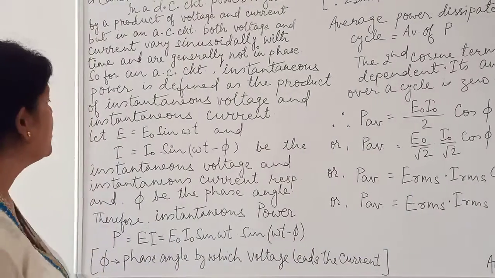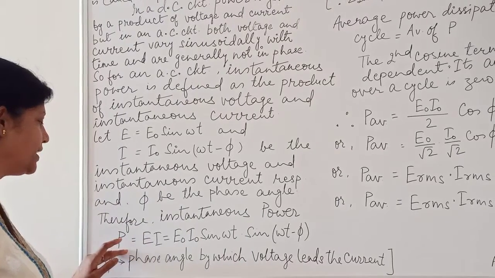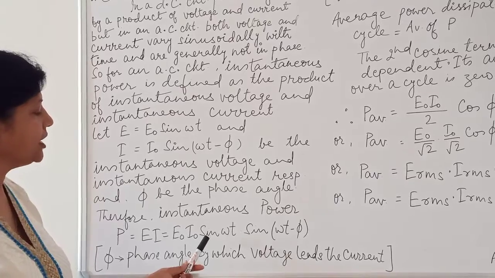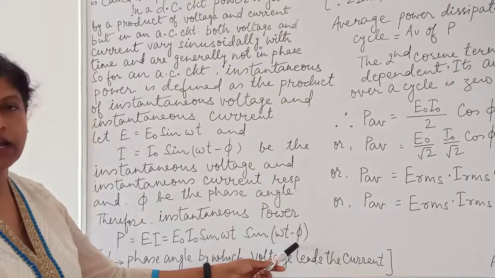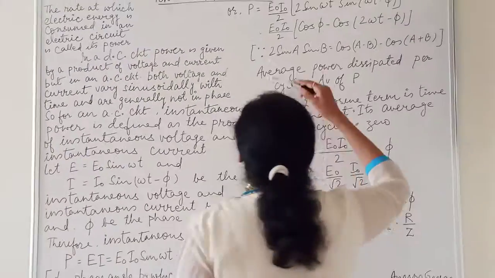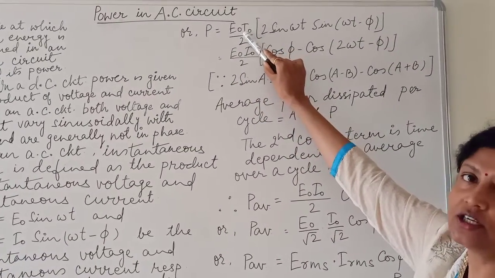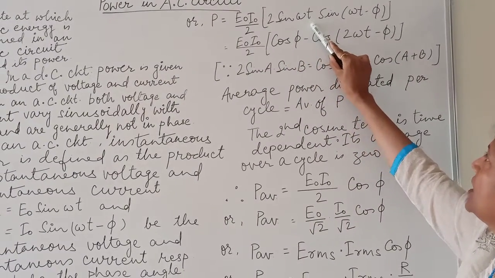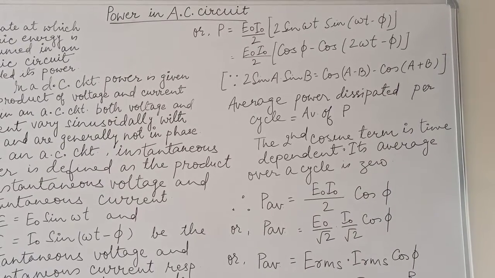Substituting the values from these two equations, we can write P is equal to E naught I naught sine omega t into sine omega t minus phi, or we can write P is equal to E naught I naught upon 2 into 2 sine omega t into sine omega t minus phi.